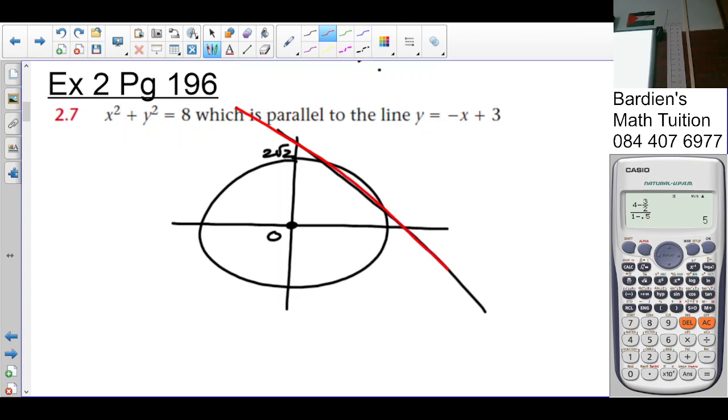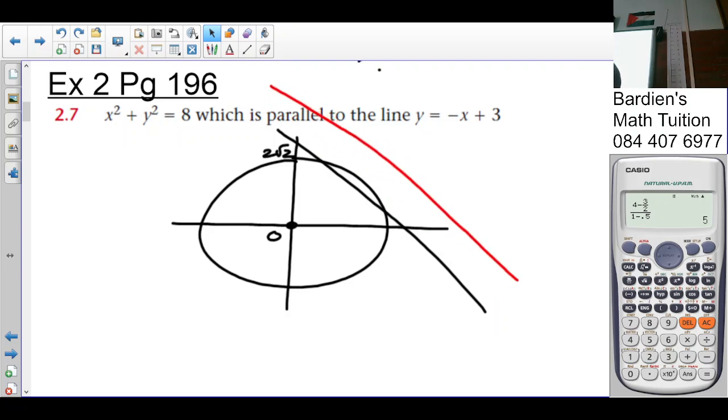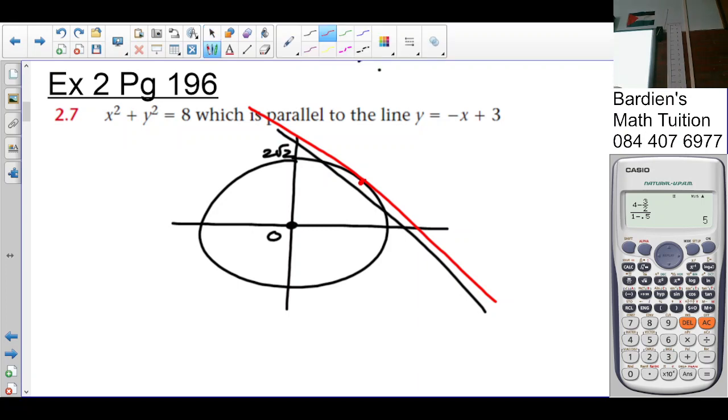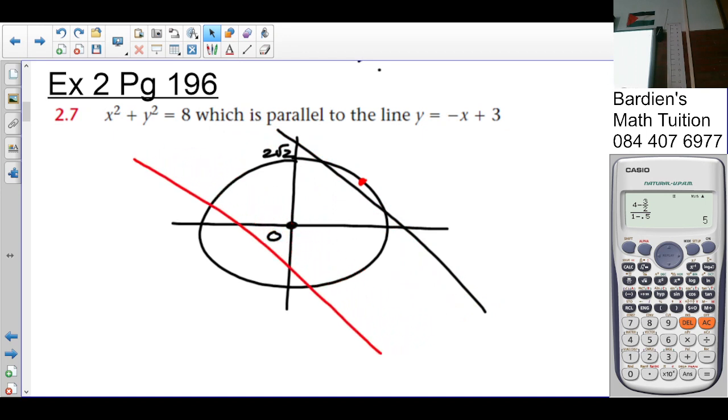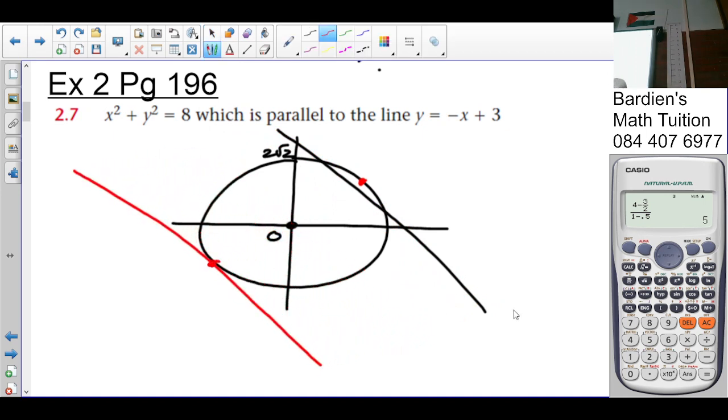So how can that help us? If lines are parallel, gradients are equal. So you see this is a tangent now. No? You see it will be there. You see at this point here. And it will be here. Which is at that point. Can you see that? So the tangent is going to touch at 2 points.